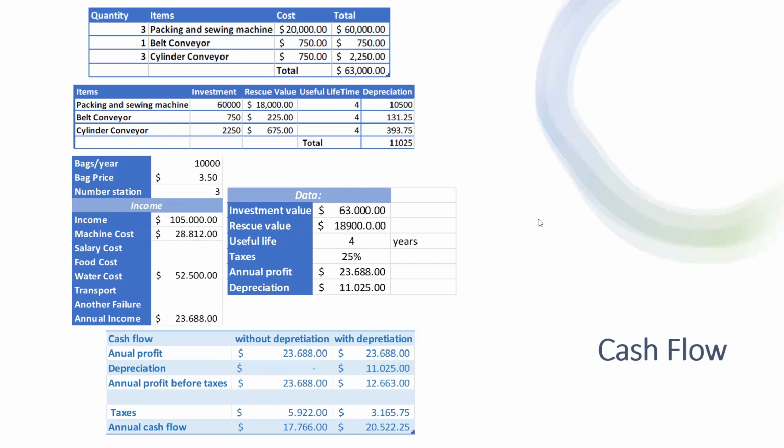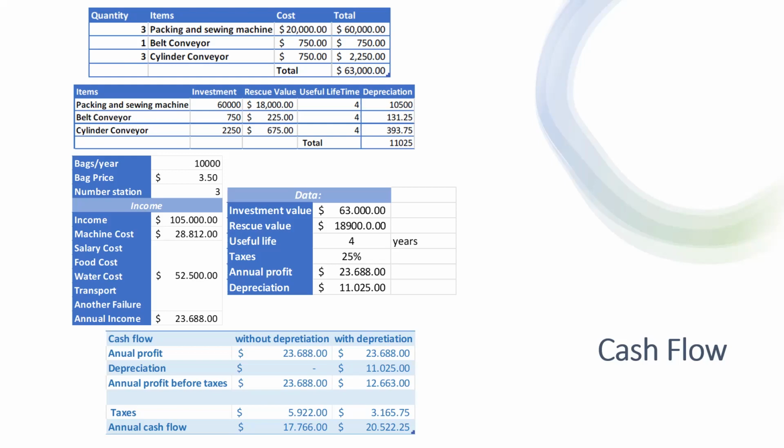In the income table, we can see that our bags produced per year are going to be 10,000, sorry. And our bag price is going to be $3.50. The number of stations we're working with is going to be 3 sewing machines.